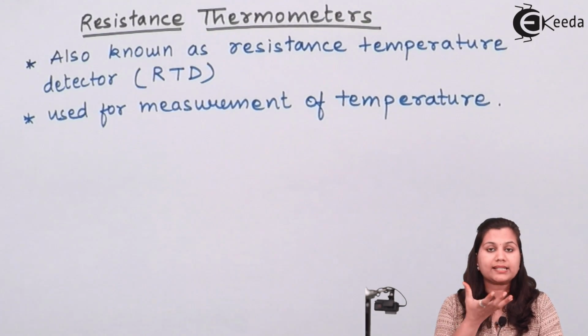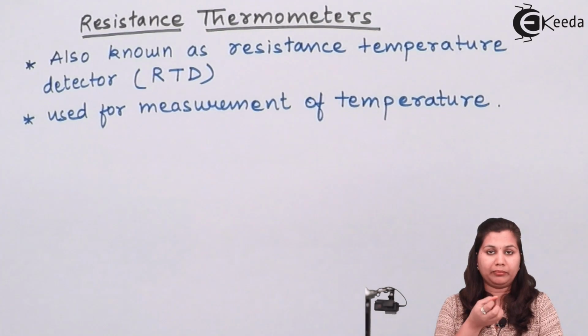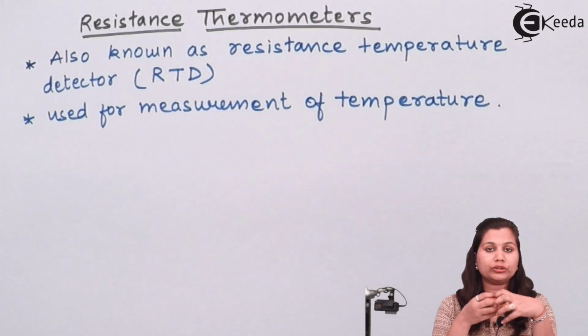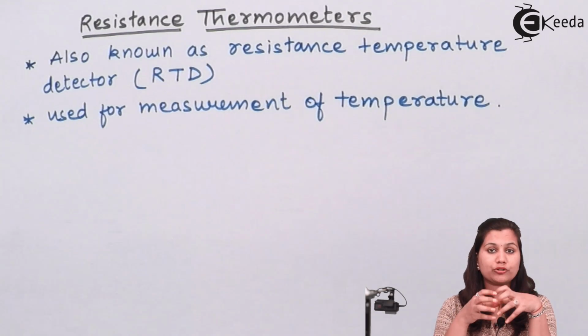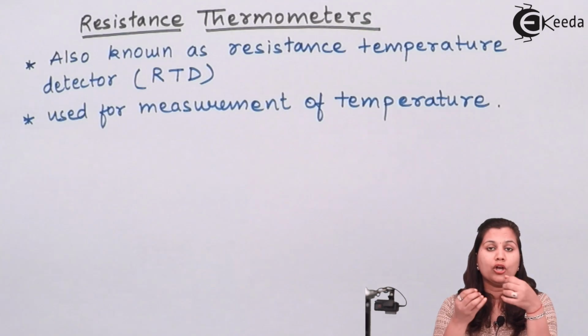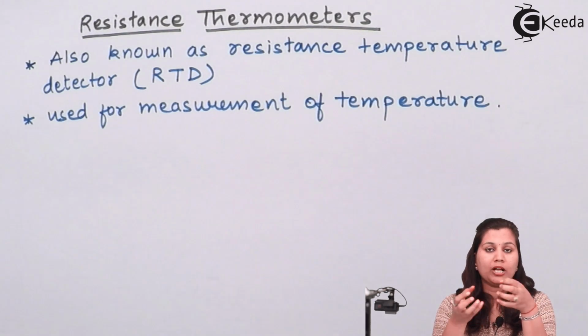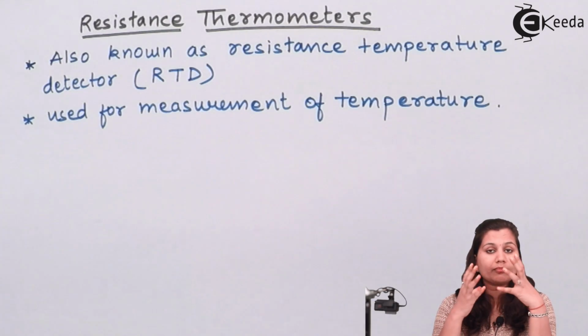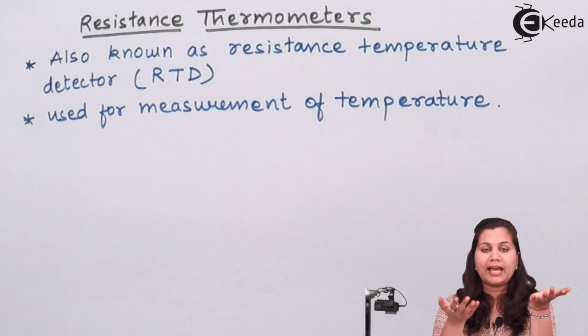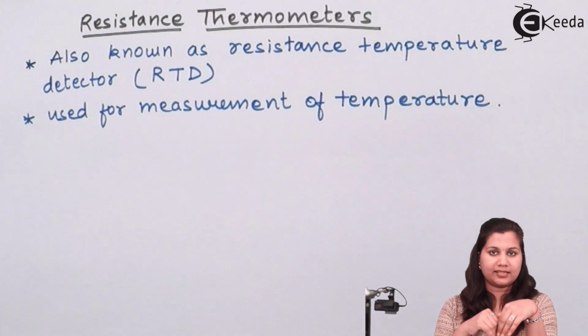Now when this conductor is heated up, meaning thermal heat is provided to it, then due to thermal expansion the flow of electrons increases, because current flow is the flow of electrons. As the flow of electrons increases, the flow of current also increases, and we can say that the resistance decreases.